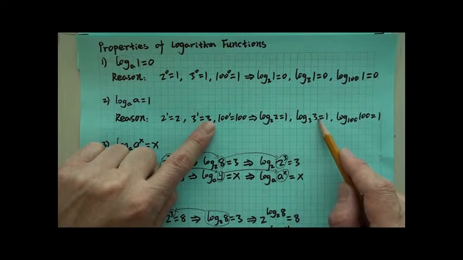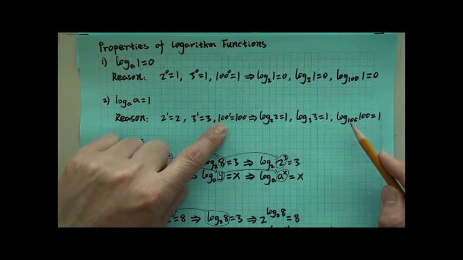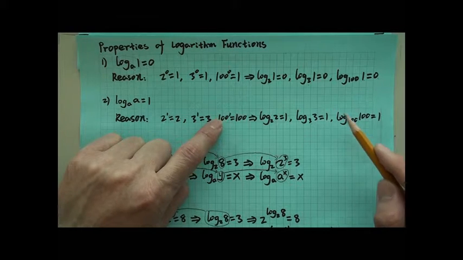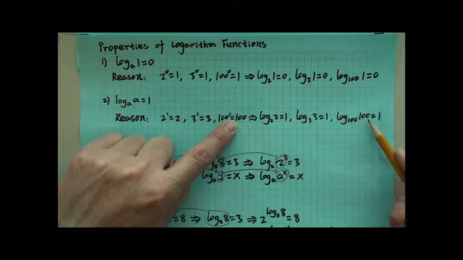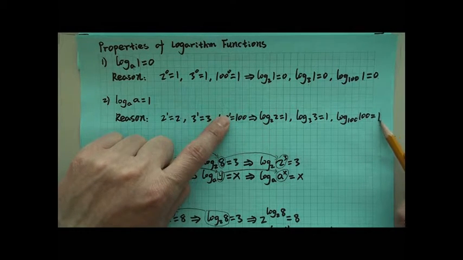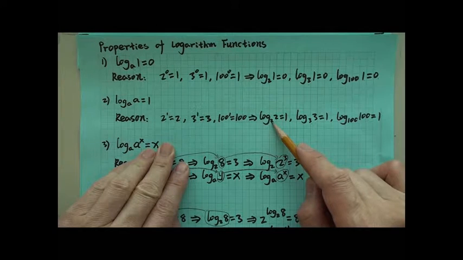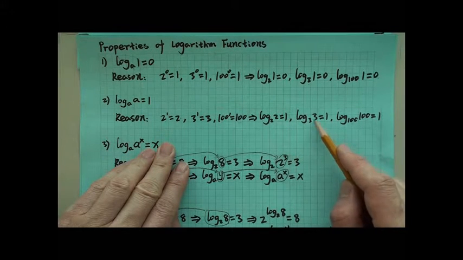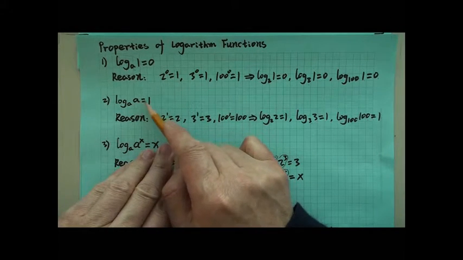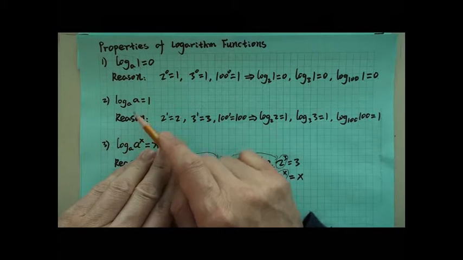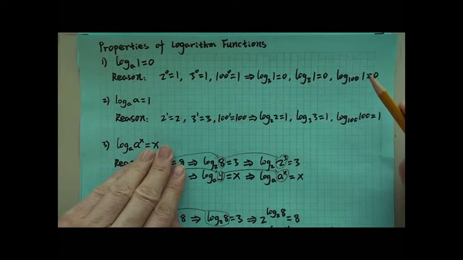Log base 3 to the 3, then the exponent is 1. And log base 100 to the 100, the exponent is 1. This tells us if the base is the same as the number here, you always end up with 1. So that's why log base a to the a is always 1. If here is 99, here is 99, you always end up with 1. That's the second property.